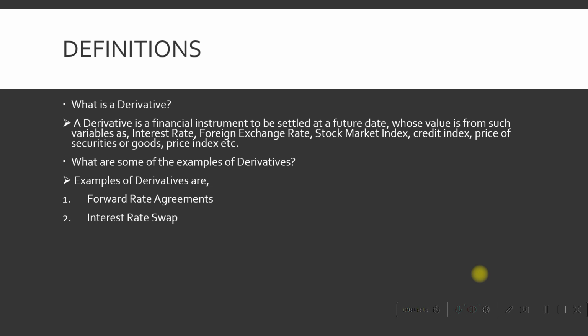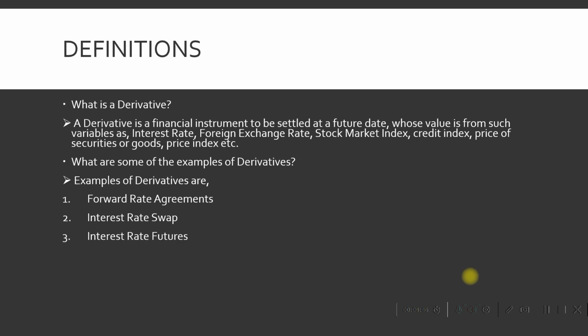In the case of forward rate agreement, if it was one interest payment which was exchanged, in the case of interest rate swap, there's a series of payments. There's a stream of interest payments for a notional principal amount which gets exchanged between the parties. And it also may involve fixed to floating and floating to floating rate of interest in several occasions.